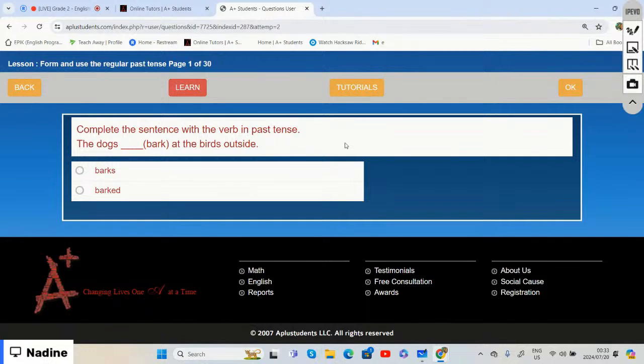It says the dogs bark at the birds outside. So the dogs bark at the birds outside. We need to change that word bark to a past tense.